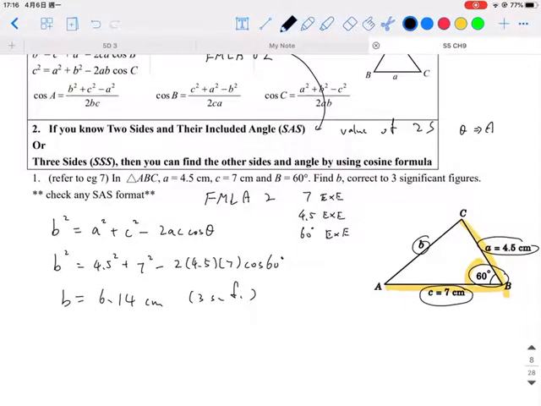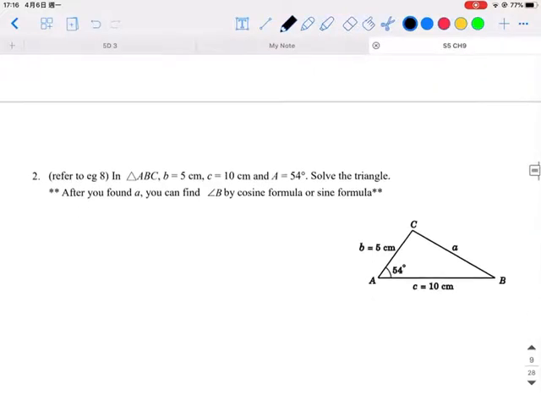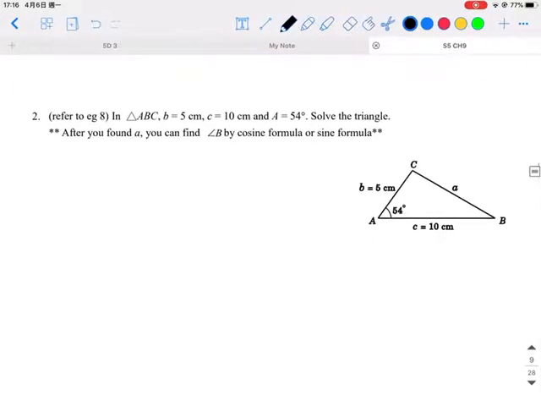Okay, the first one, and then for the second one, this time it is obviously a SAS format here too. That means a squared is equal to b squared plus c squared minus 2bc cosine angle A, right?